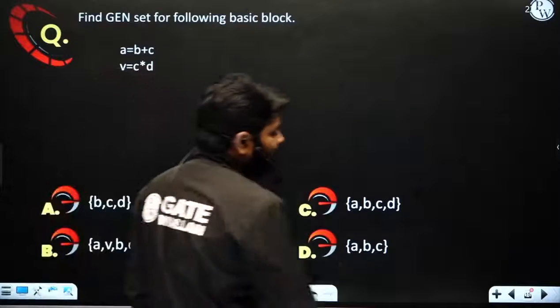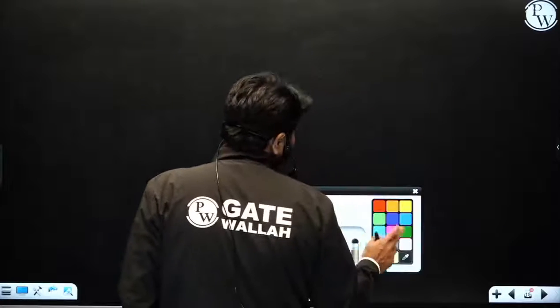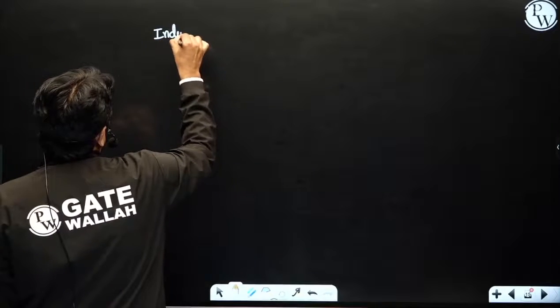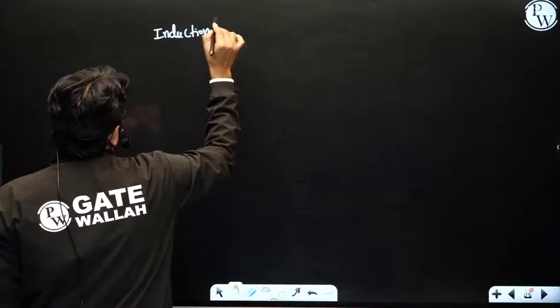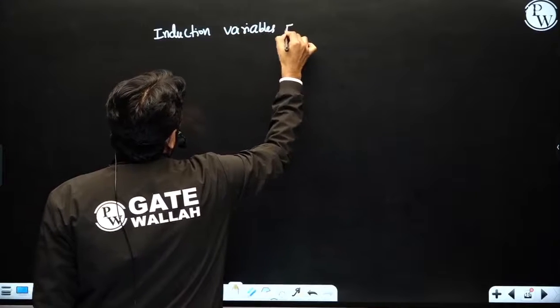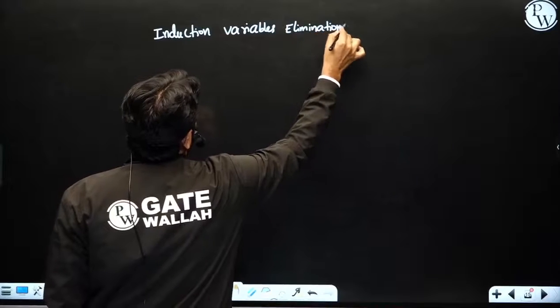Okay, you have another technique. Let me first discuss induction variables. Let me give a simple example. It is also loop optimization: induction variable elimination. Those variables which depend on the loop, we call them induction variables.